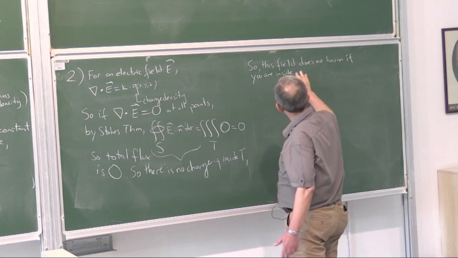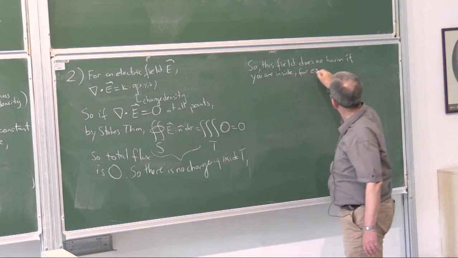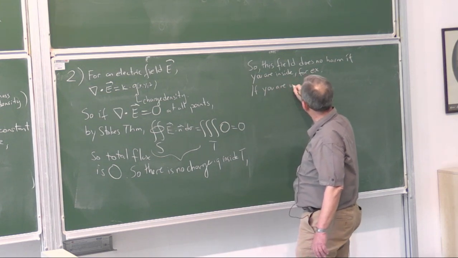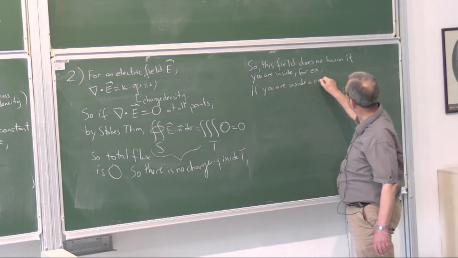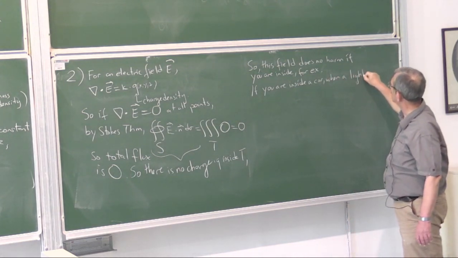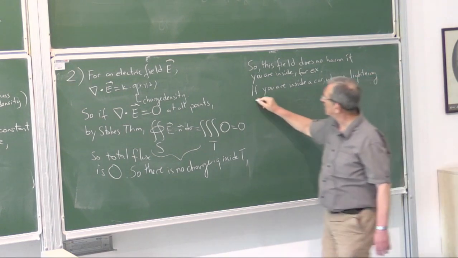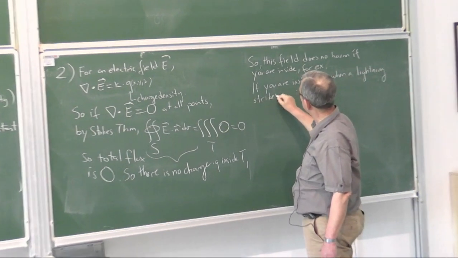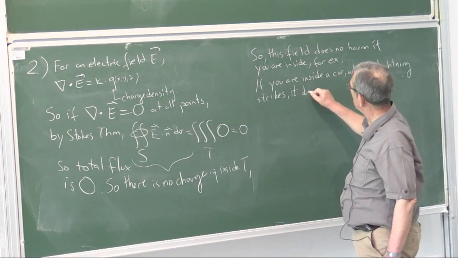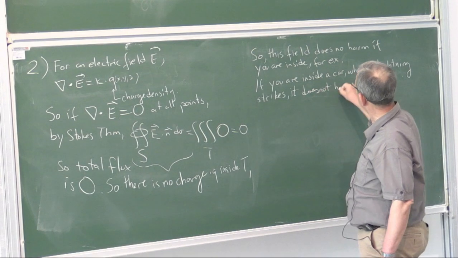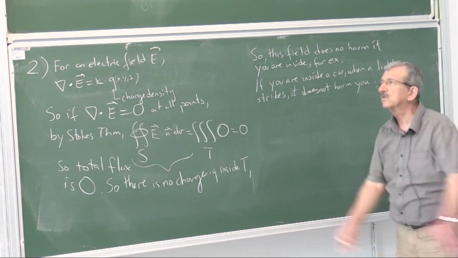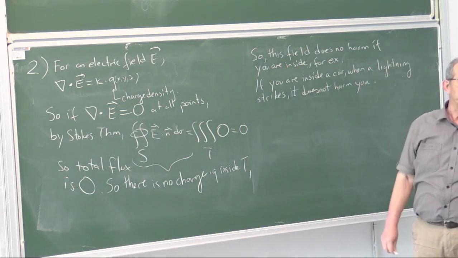If you are inside, for example, a car when lightning strikes, it doesn't harm you, because all the flux that comes in just goes away to the outside.